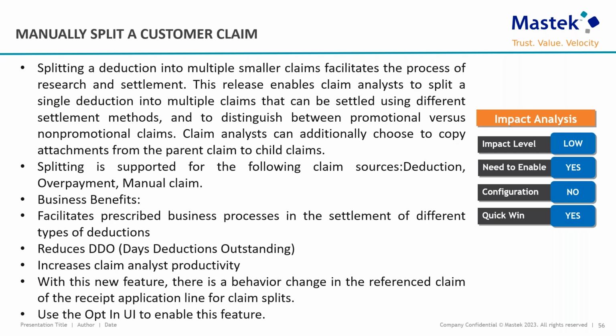The lead time calculation will be: lead time is equal to fixed lead time plus order quantity multiplied by the variable lead time, plus post-processing lead time. This will be a medium impact, and we have to do the configuration and we have to enable this. So we are not considering it as a quick win for us.